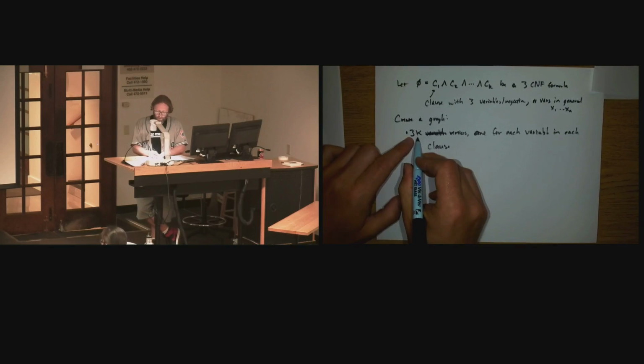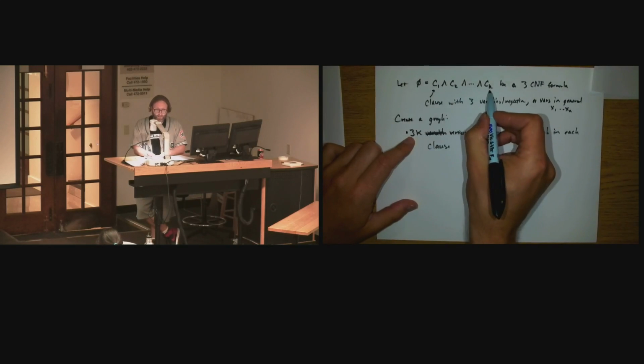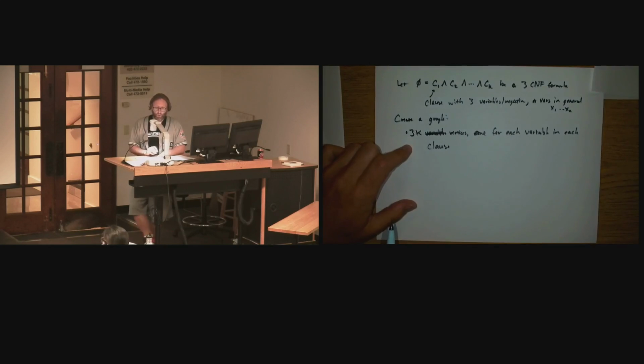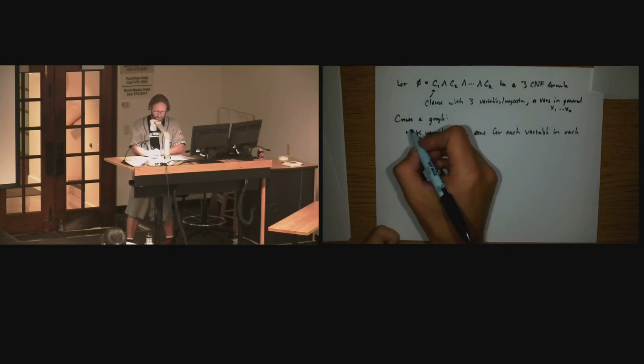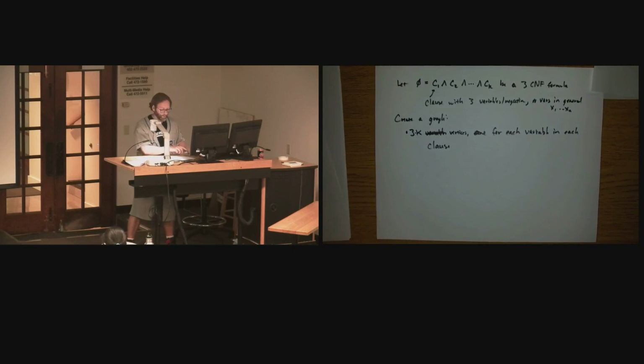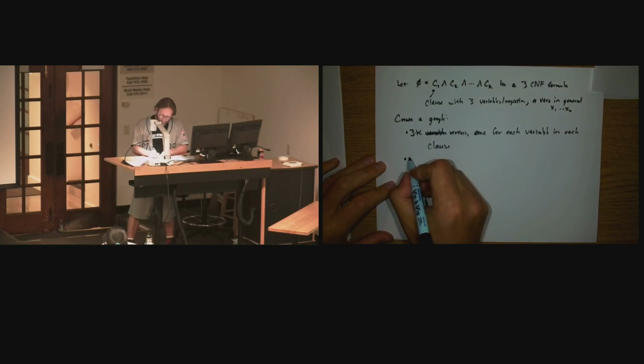So why do I have 3k of them? Because there are k clauses, 3 variables each, so I'm going to have 3 times k vertices in my graph. What about edges?